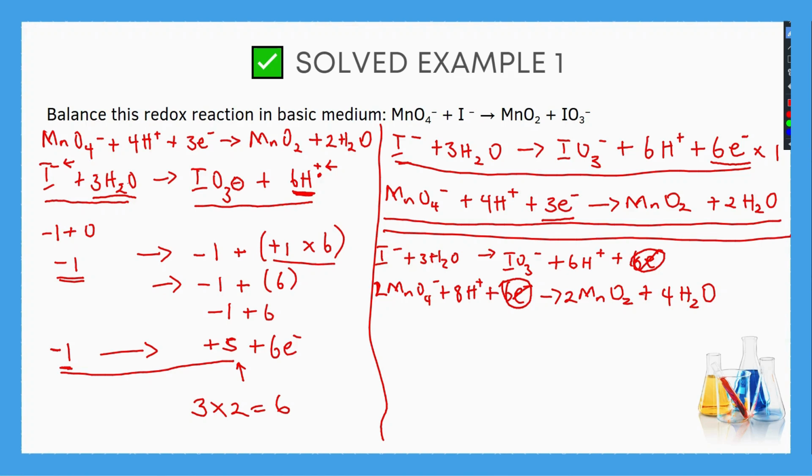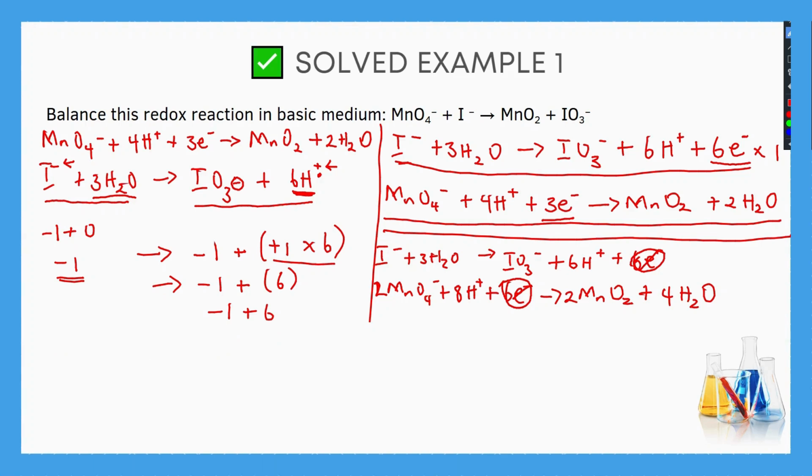So let's do that very quickly. Now, when we add both equations together, what we're going to end up with is I minus plus 3H2O plus, because everything on the left hand side goes with everything on the left hand side in both equations, 2MnO4 minus plus 8H plus.